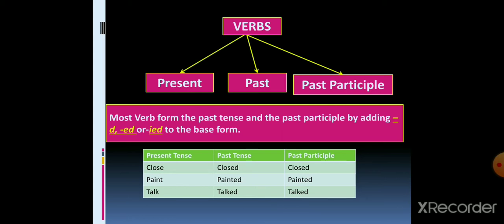Close, closed, closed means only ed has been added to change the form. Okay, so for most of the verbs, we have to add d, ed, ied.